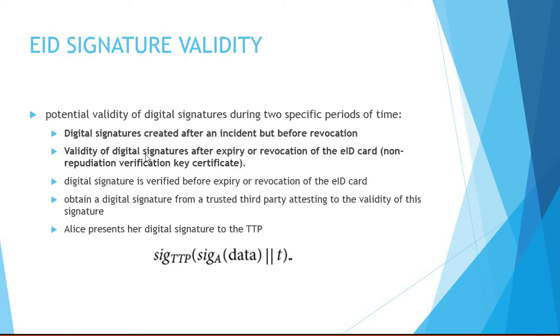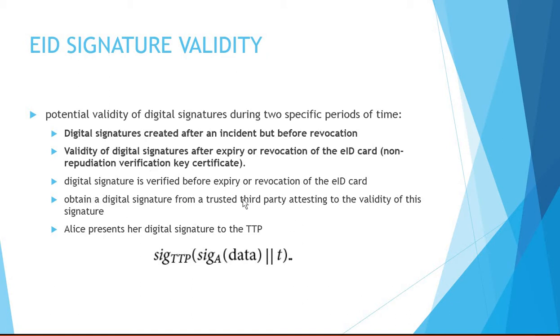The other one is that the digital signature may expire. It is valid only for a particular duration of time, but if it has expired, then we have to revoke it. After that time we cannot use it.